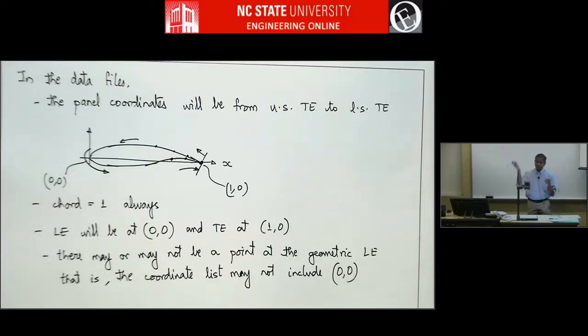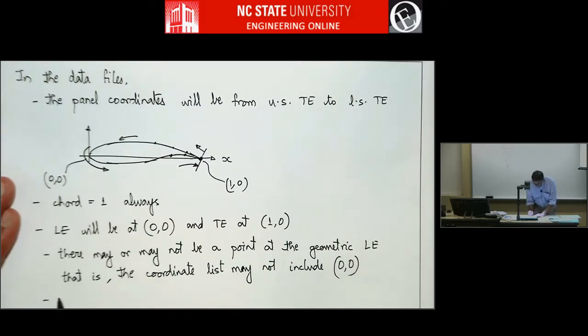So the listing may be such that the points skip 0, 0. It'll have one point on the upper surface and then the next one will be on the lower surface. It just happens to skip 0, 0. Many actual coordinate files are like this. The points won't be equally spaced, but it really shouldn't matter for you the way we are writing this code.